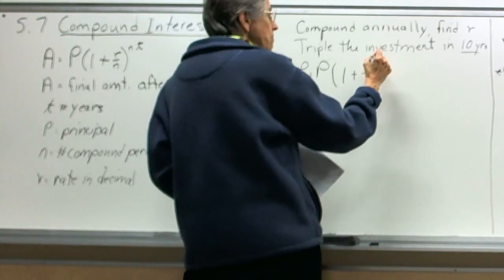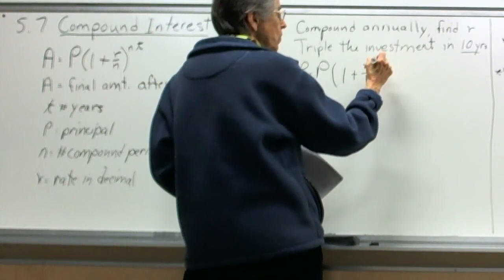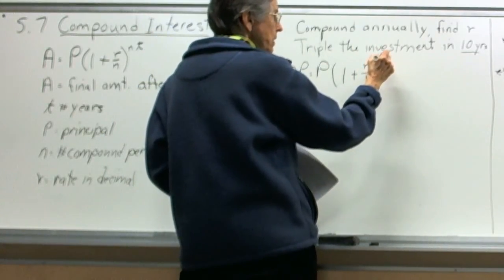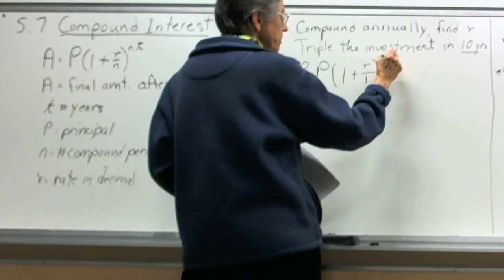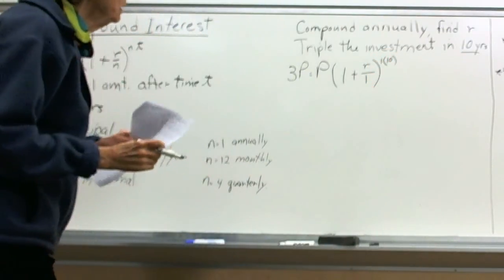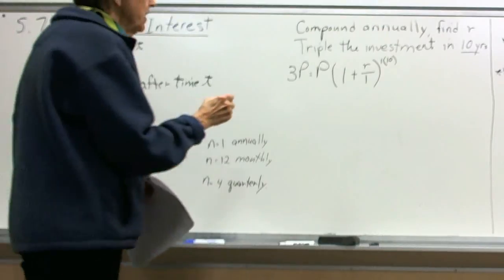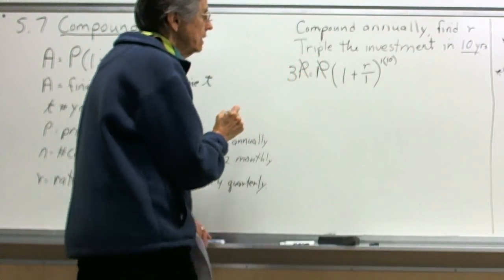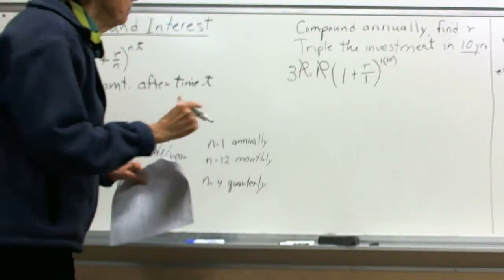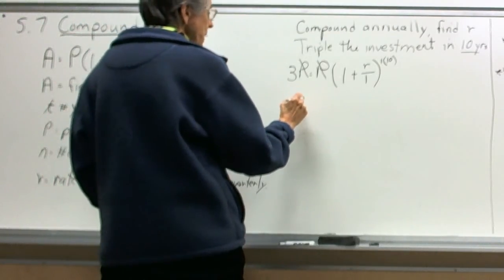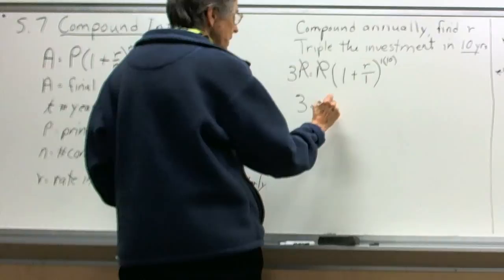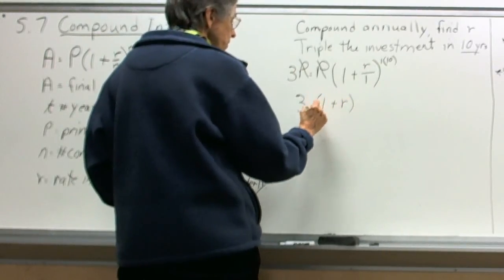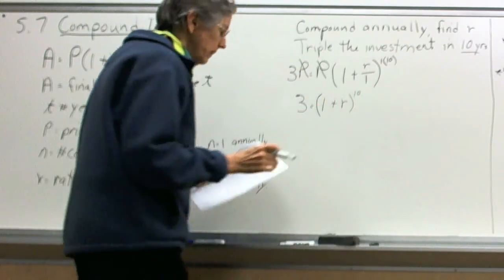And NT would be 1 compounding period times 10 years. Okay. And we're solving for R this time. You can divide by P and get rid of that variable. And now we have 3 is equal to 1 plus R to the 10th power.